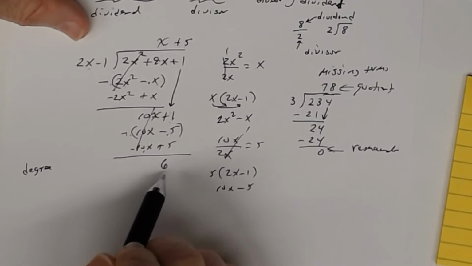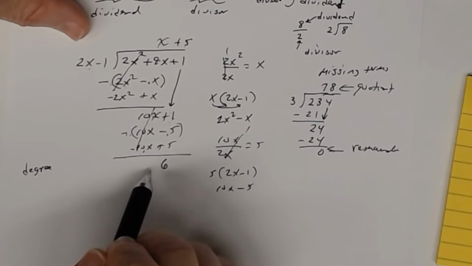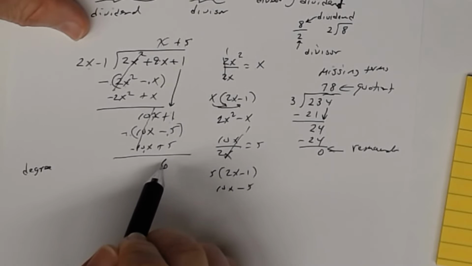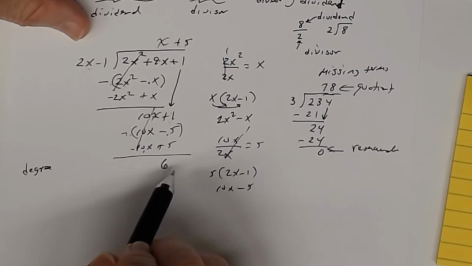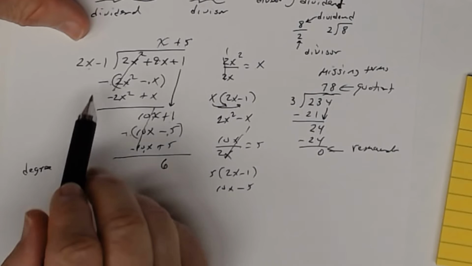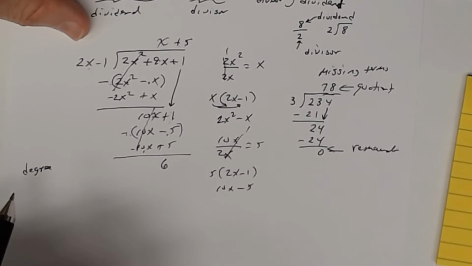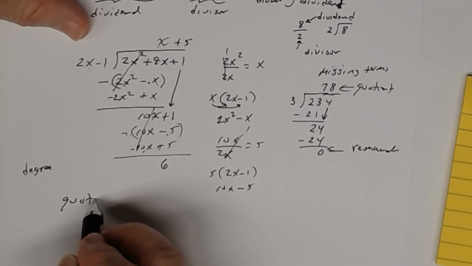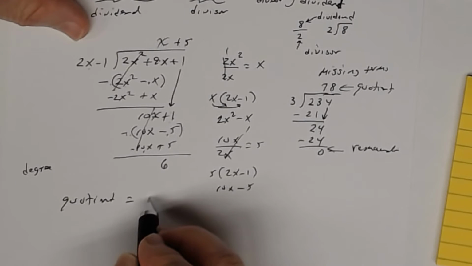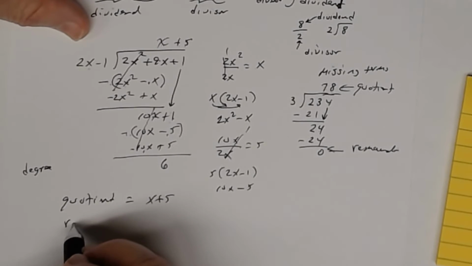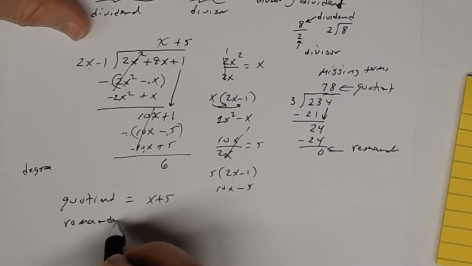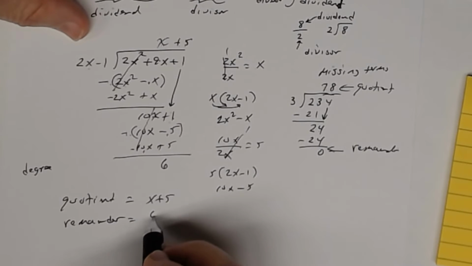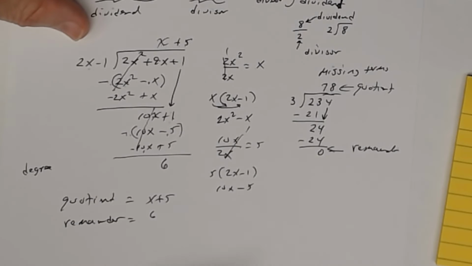So once the degree of the remainder is less than the degree of the divisor, you're done. So your quotient equals x plus 5, and the remainder equals 6. So that's your remainder, that's your quotient.